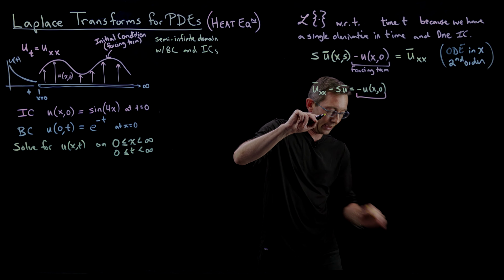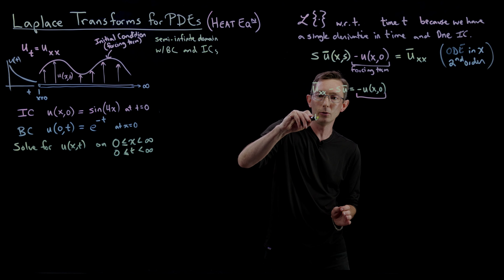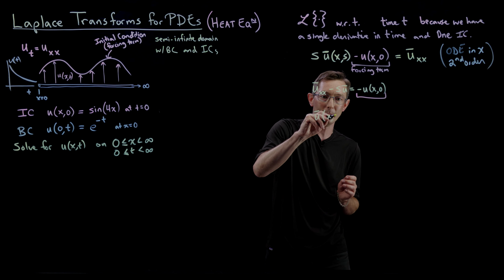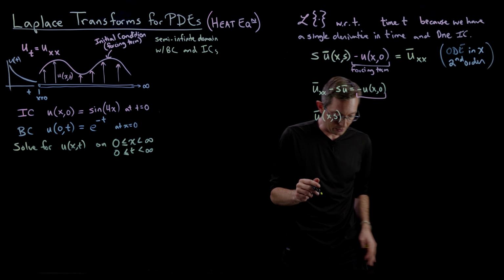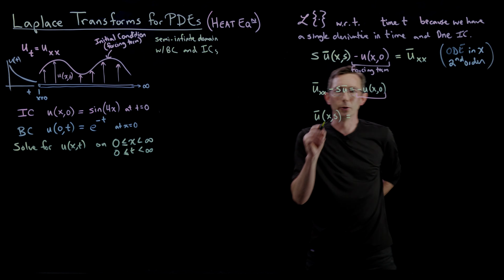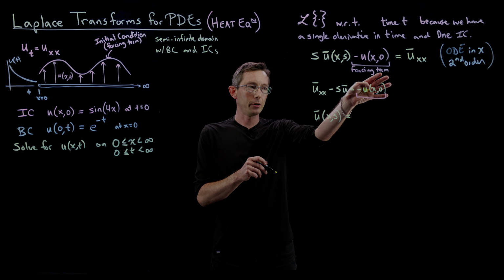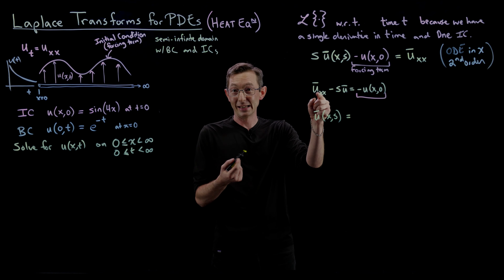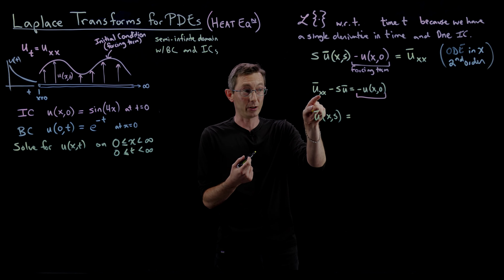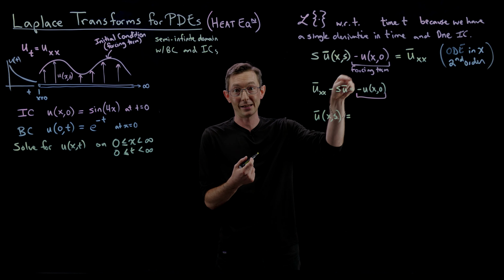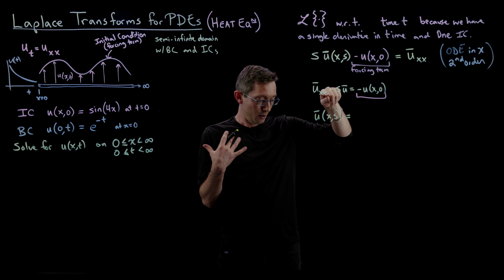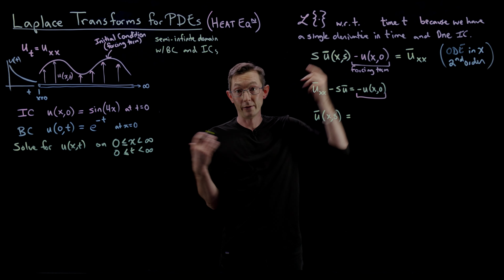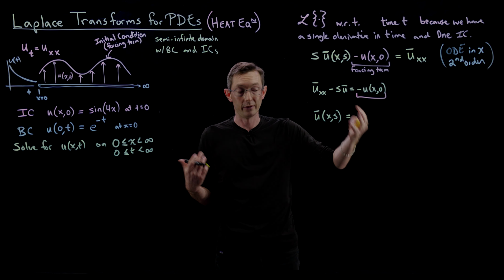So essentially what we have is u bar of x comma s, my Laplace transform temperature, is equal to, if this was 0 forcing, a second order ordinary differential equation, u double prime minus s times u. And so the eigenvalues are plus or minus square root of s.